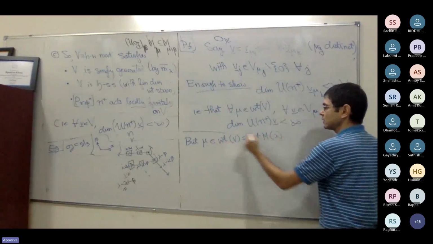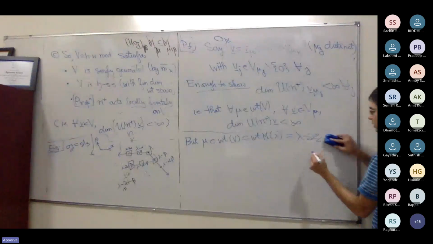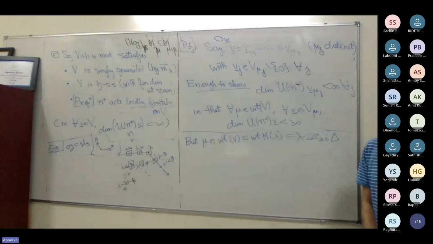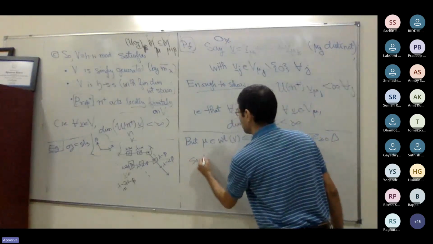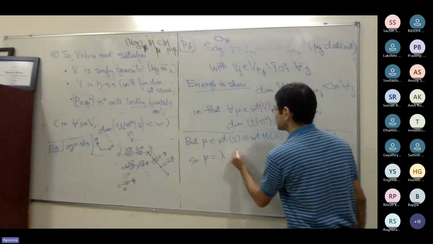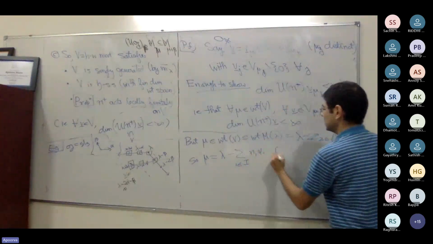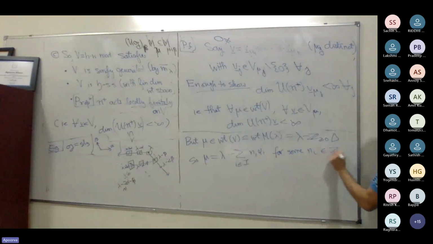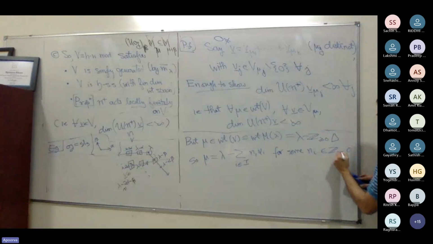So mu is contained in the weights of M lambda, and this was lambda minus some sum of positive roots. Which means that mu can be written as lambda minus the sum over i of ni alpha i, with ni non-negative integers. Maybe there is nothing to subtract, but whatever, you subtract 0.